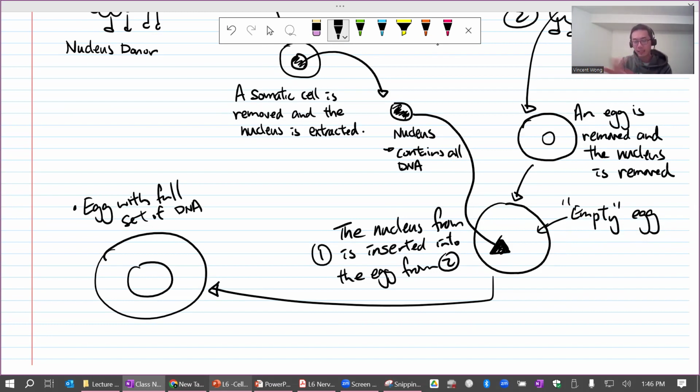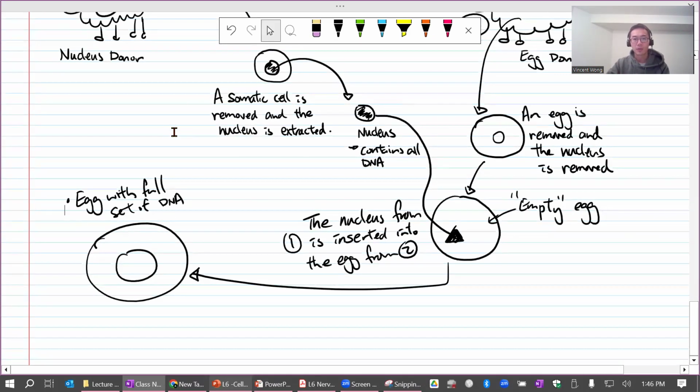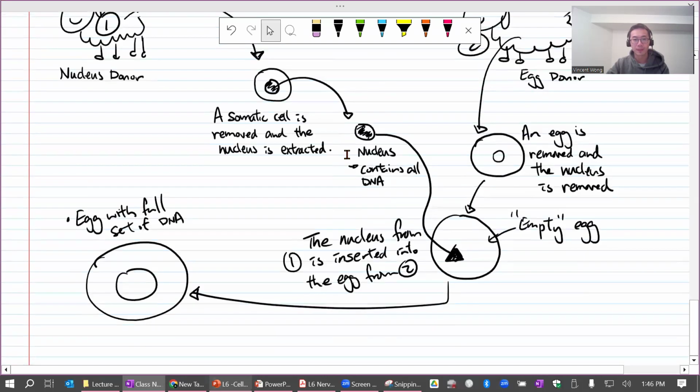But in this technique, they remove the nucleus from the egg, and then they put in the nucleus from the donor, which has the full set of chromosomes already, and they shove it in the egg. And now we have an egg with all the DNA. So far, 2 sheep, right?